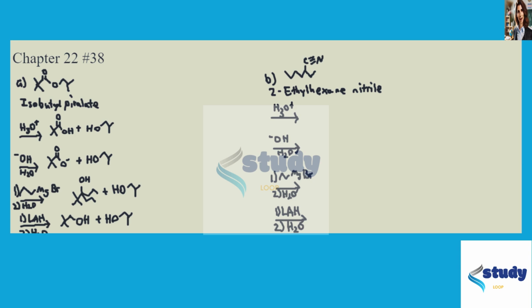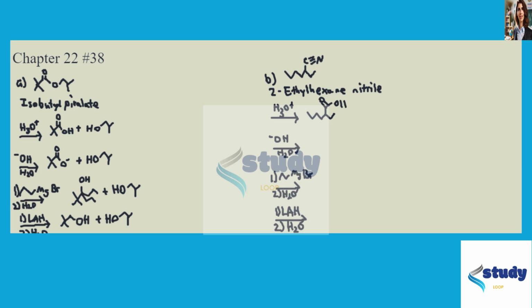So that's its name. So acid is going to hydrolyze the nitrile and give us the carboxylic acid. Draw that. So acid will give us the carboxylic acid.